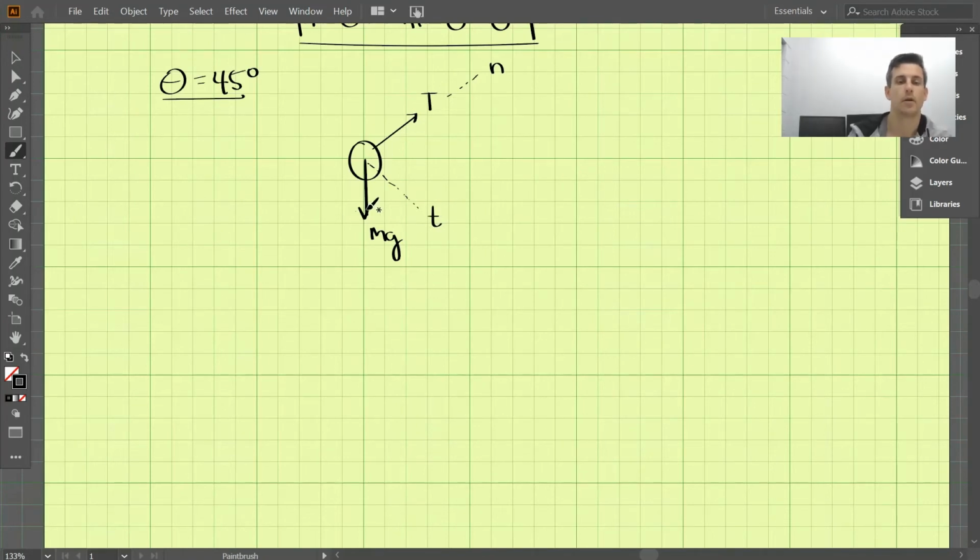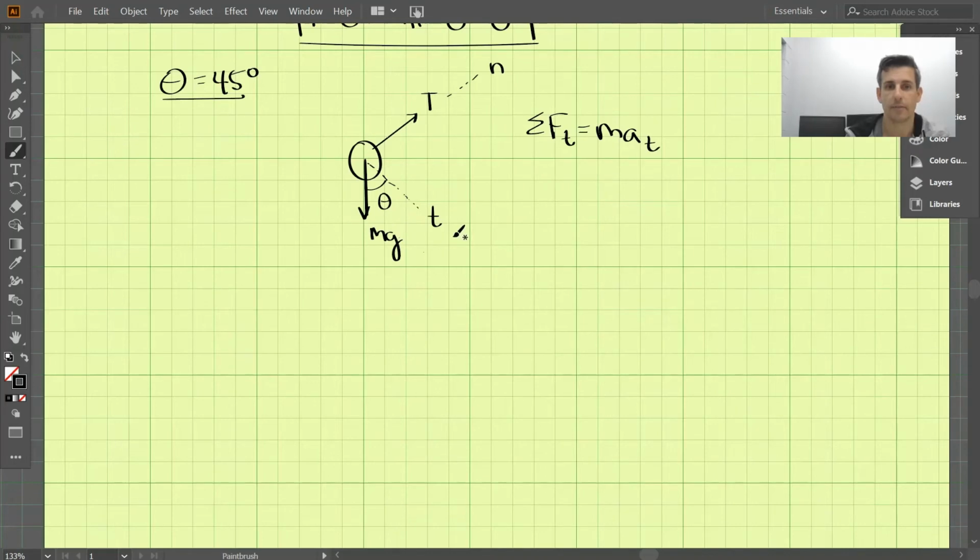Right? So let's sum the forces in the tangential direction, and that should equal the mass times the acceleration in the tangential direction. In the tangential direction here, this angle is theta, which is equal to 45 in our case.